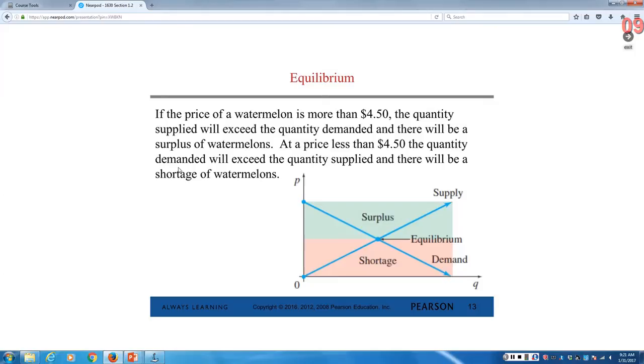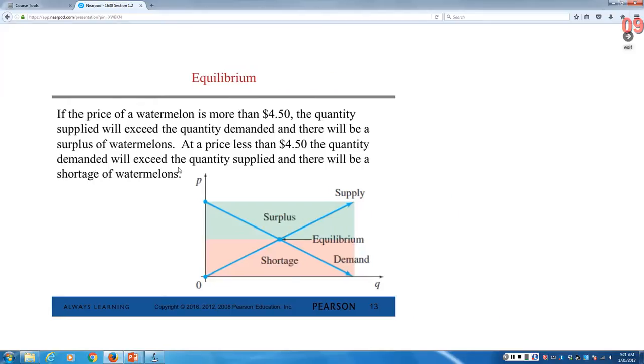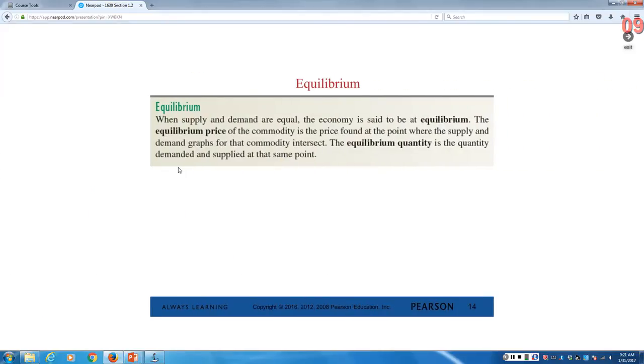So you have too much supply and the demand isn't there, and that's not good for the manufacturer. People aren't buying it. Before you reach the equilibrium point, that's good for the consumer because they're actually being able to buy things at a lower price, and the manufacturer is trying to catch up. So equilibrium is where supply and demand are same price, same quantity.